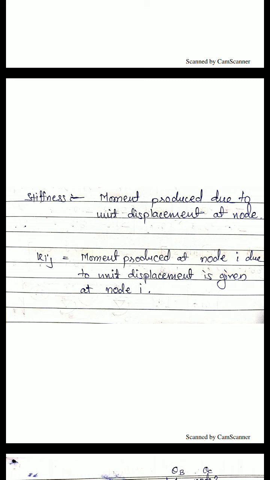We will not consider translational displacement as a redundant over here. We will take only rotational displacement, that is slope, as a redundant. That's why I am taking only moment as the action. So what is the definition of stiffness? It is simply the moment produced due to unit displacement at a node.